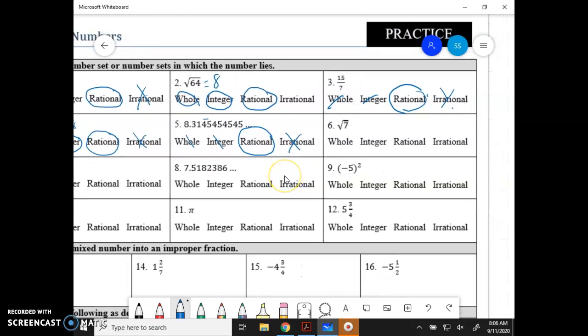Okay, the square root of 7. Square root of 7 is, let's see, I get on my calculator 2.645751, and it doesn't give you the dot dot dot, but for this test, if it fills out the whole screen of your calculator, that just means it's going to be irrational.